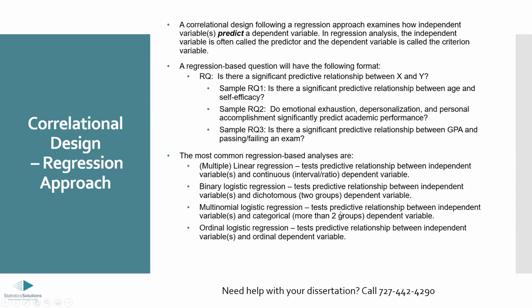You have more than 2 groups, that's when you can use a multinomial logistic regression. An ordinal logistic regression is used when you're trying to predict an ordinal outcome. Okay, so something like a Likert scale, if you're trying to predict one single item on a Likert scale from strongly agree down to strongly disagree, that's when you use an ordinal logistic regression.